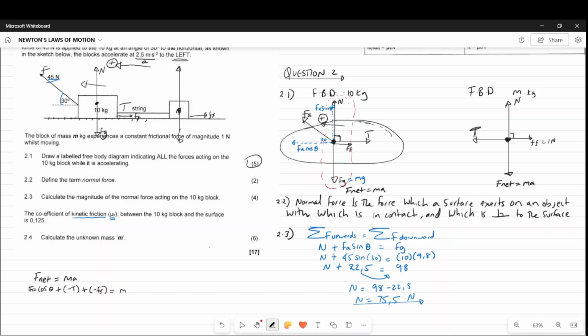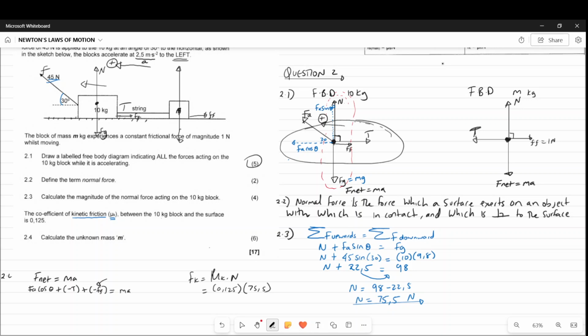to ma. But before we go further, they gave us the coefficient of friction for the 10 kg block. That means we can get our friction. So you can say Fk is equal to mu k times normal force. Frictional force: mu k is 0,125, and the normal force, which we calculated over here, is 75,5.